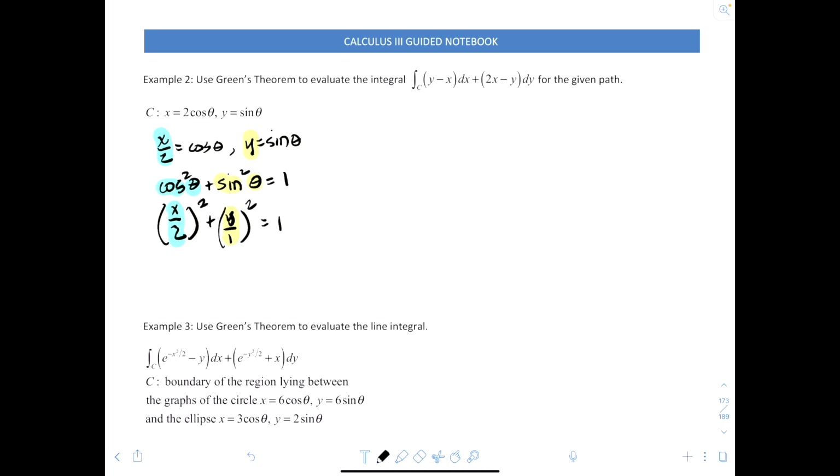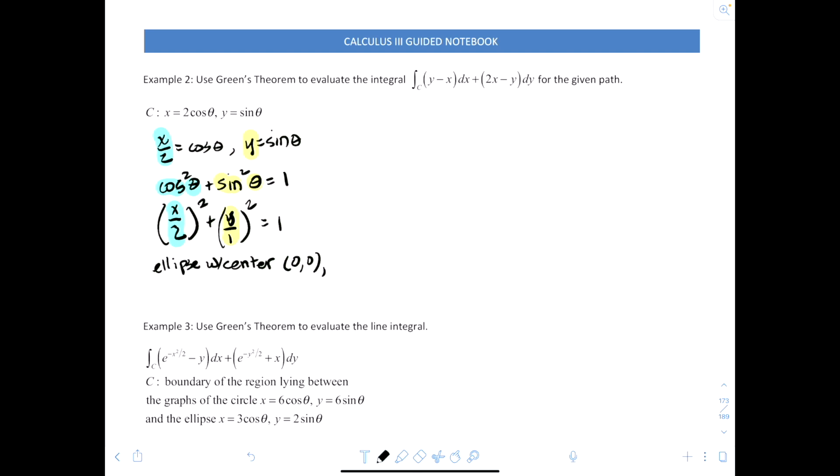So this is an ellipse with center, let's see, the bigger number is 2, and that's under the x. So with center (h, k), actually the center is going to be at (0, 0).